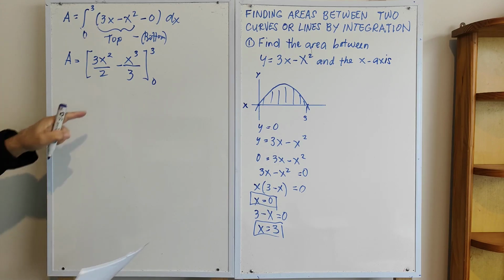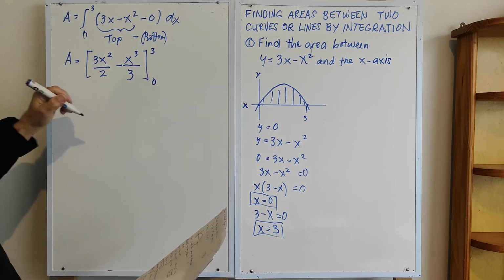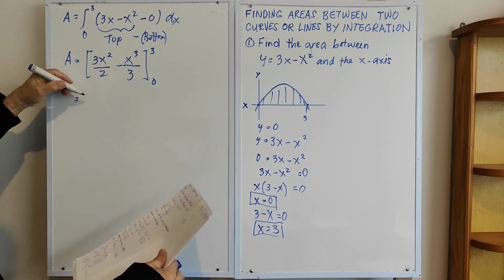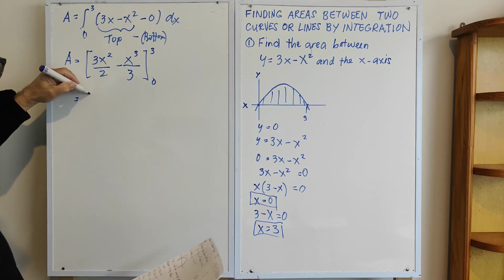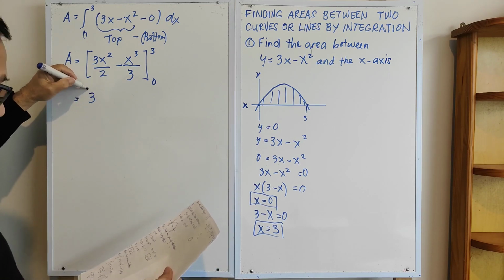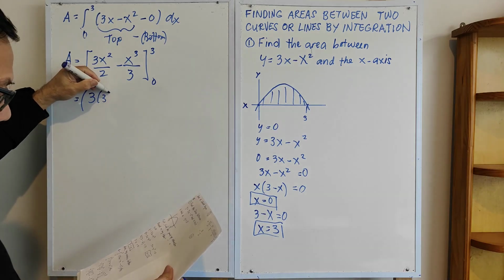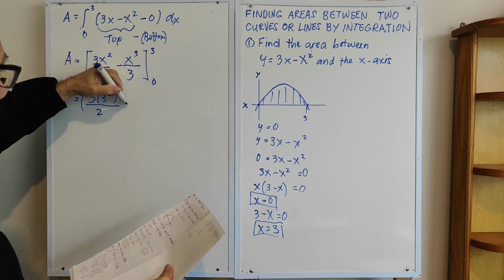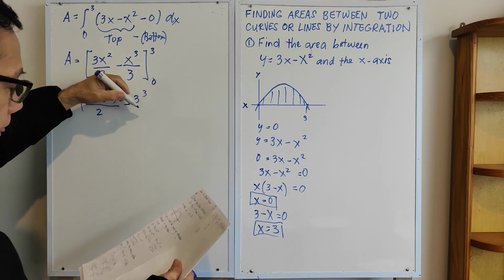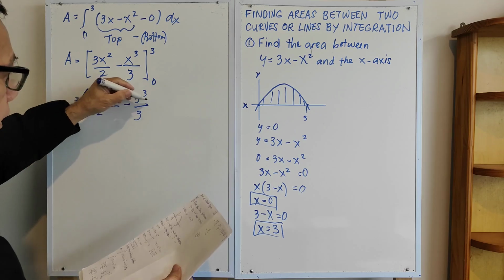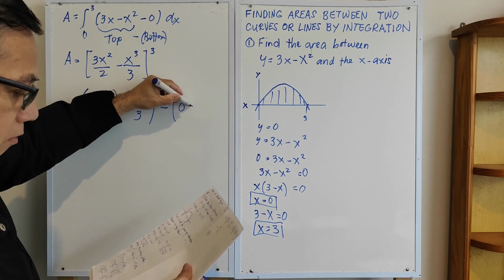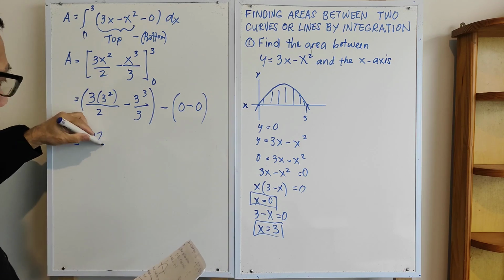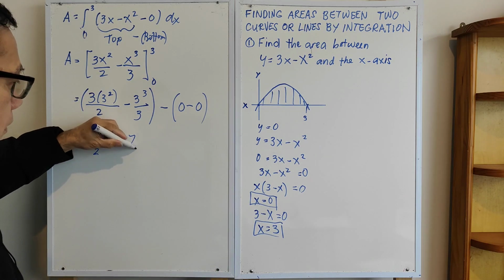Now we just substitute the x with 3 and 0, so that would be 3 squared over 2 minus 3 cubed over 3 minus 0 minus 0.